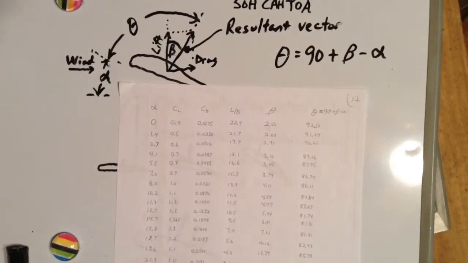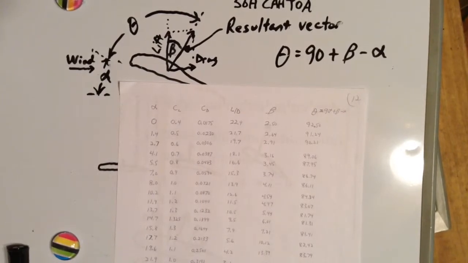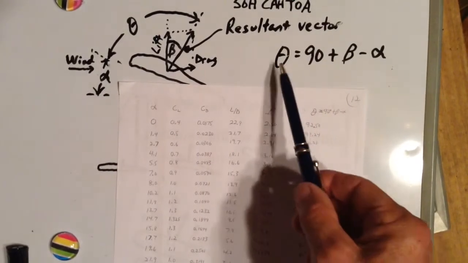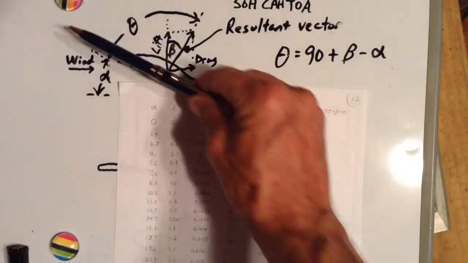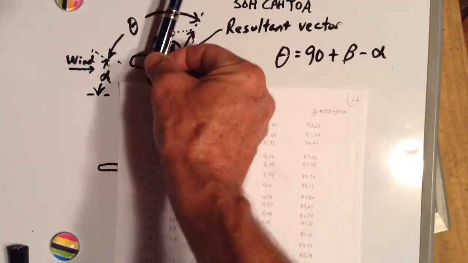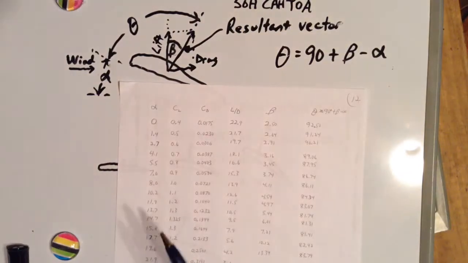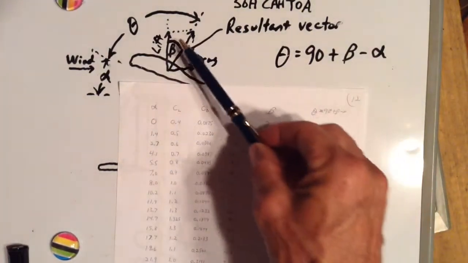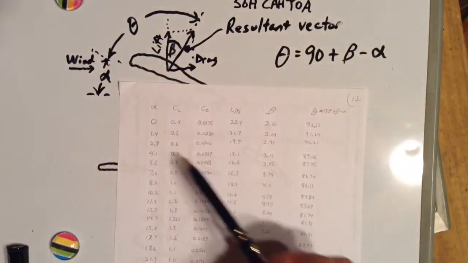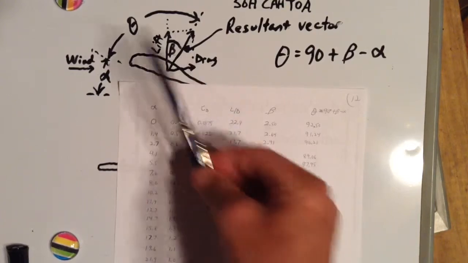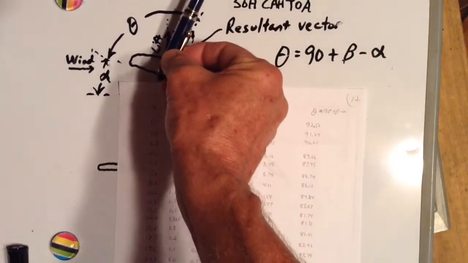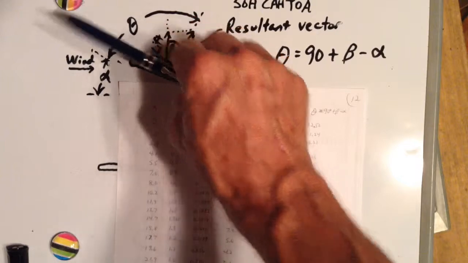But what we're really interested in knowing is what our angle theta does. This Greek letter theta is the angle between the chord and the resultant vector. We know beta gets more and more as the angle of attack increases. But does theta get more and more as the angle of attack increases?